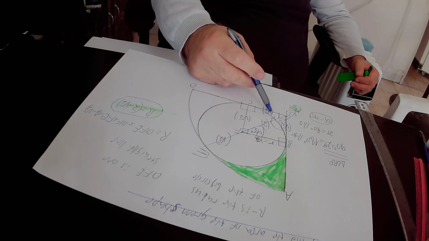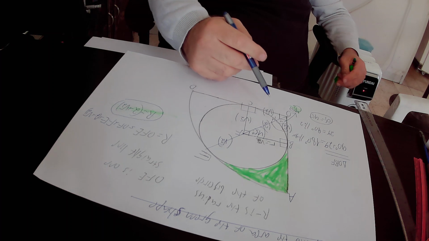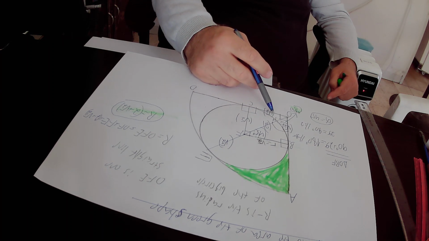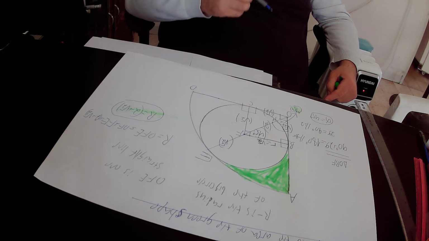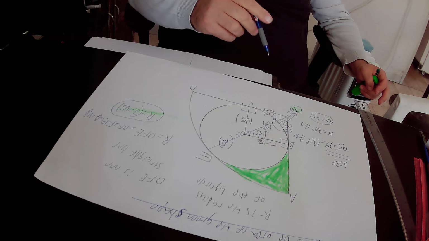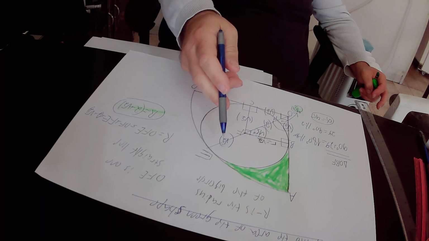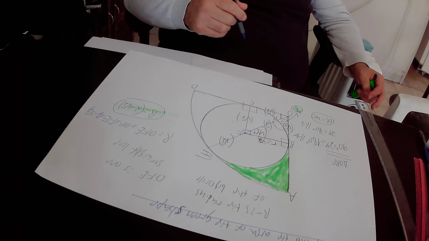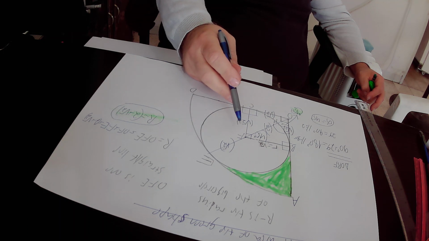So we know that HFE is one straight line, but HFE is a straight line that touches the small circle at points H and E. Any straight line that touches the circle at 2 points must be a chord. So we know that HFE is a chord in the small circle, but HFE is a special chord in the small circle that passes through point F, that is the center of this small circle.